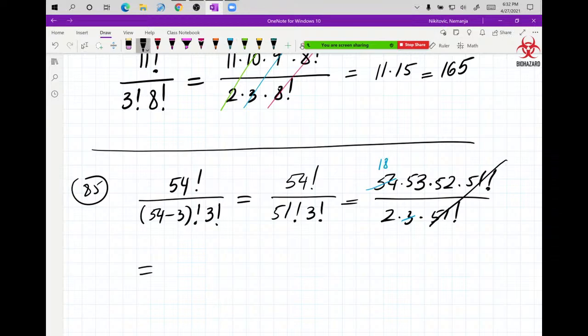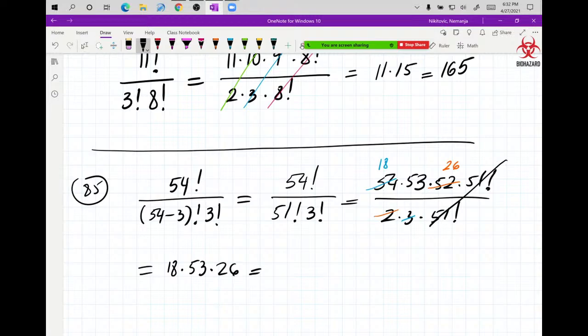So you have your 18 times 53 times, and then 2 can cancel 52 because they're both even numbers, right? That's going to be 26 over there. So times 26. And there you go. It literally takes a second to do this, which is why we like factorials.